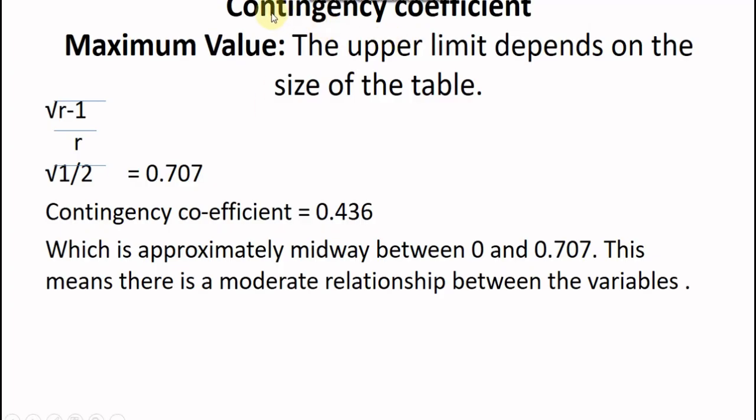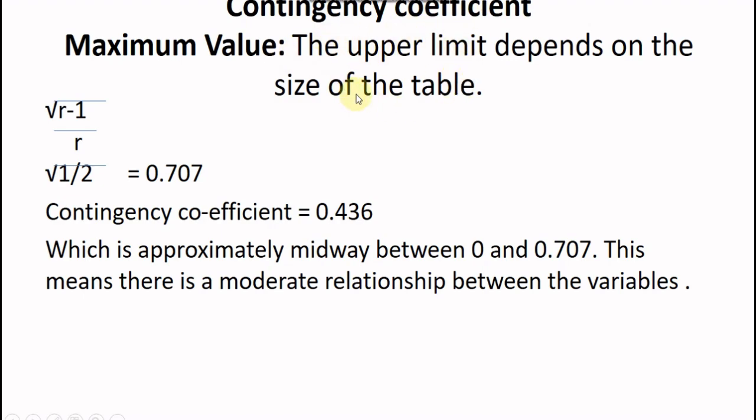When we are using the contingency coefficient, that means when rows and columns are equal, not 2 into 2. More than 2 rows and 2 columns, but rows and columns are equal, we have to use the contingency coefficient.